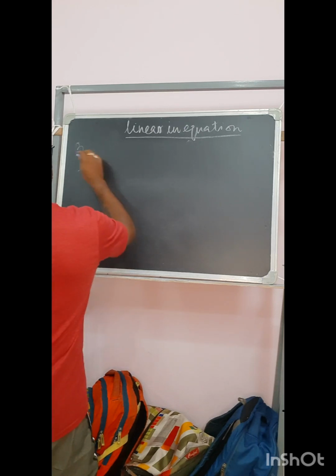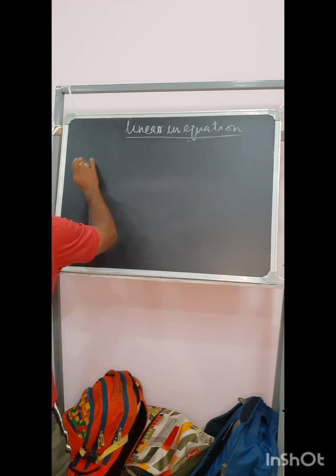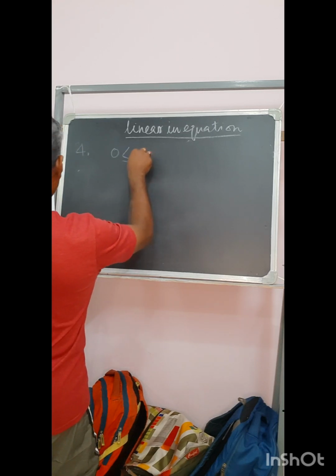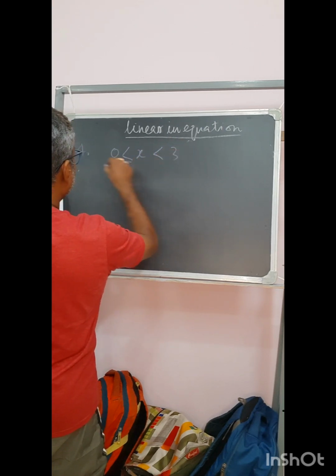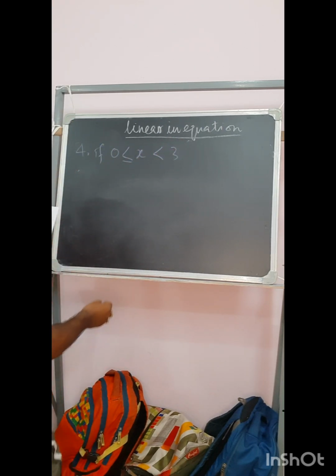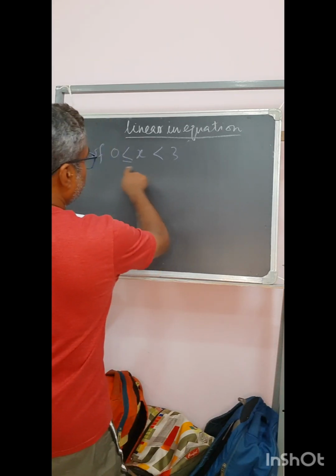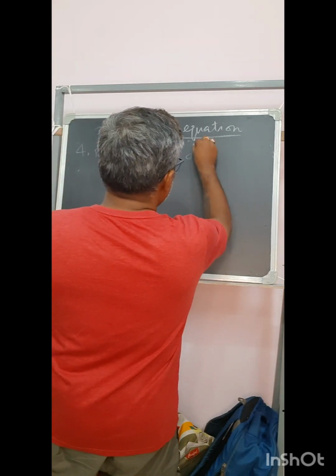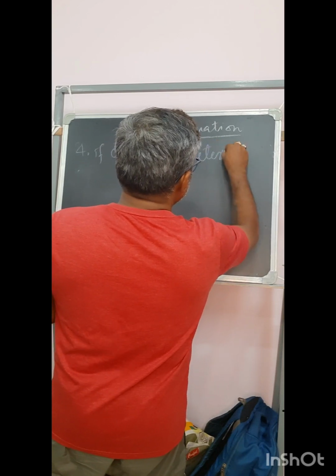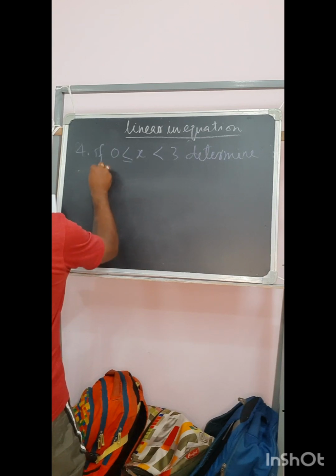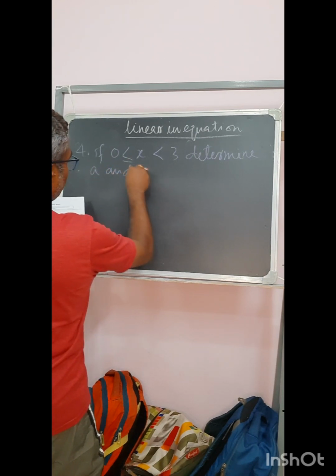So there I will show some other kind of problem. 0 less than x less than 3. Now this is a kind of problem which is something different from the earlier. If it is the range of x, determine A and B, where I will come to that.